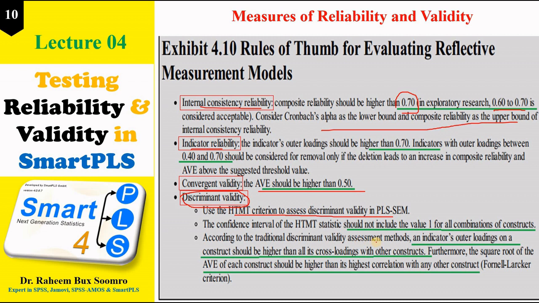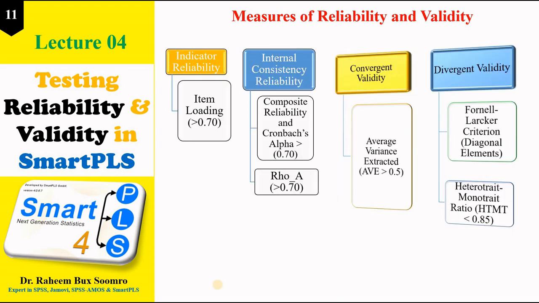According to the traditional discriminant validity assessment, the indicator's outer loading on the construct should be higher than all its cross loadings with other constructs. Furthermore, in the Fornell-Larcker criterion, the square root of the AVE of each construct should be higher than its highest correlation with any other construct.